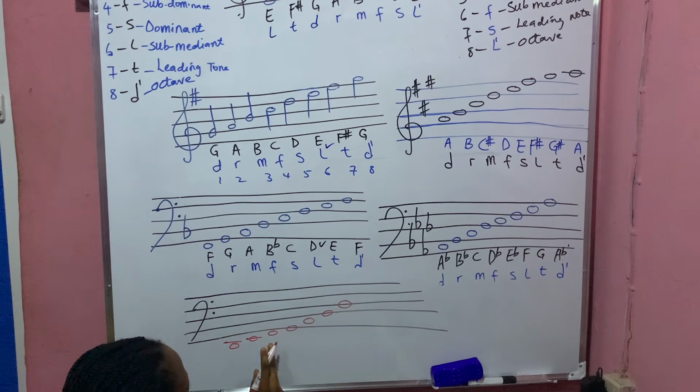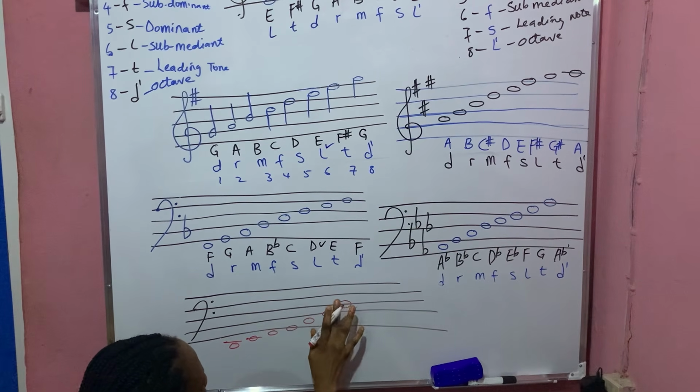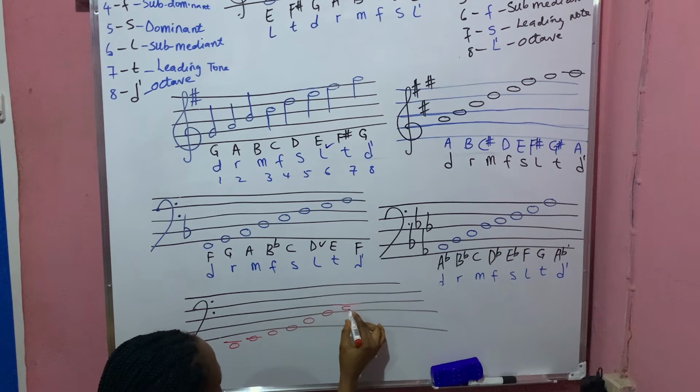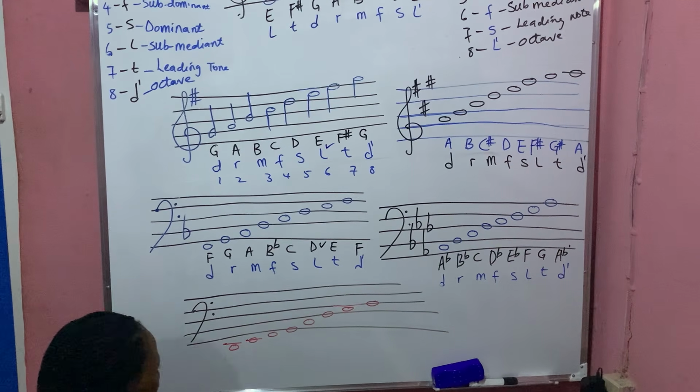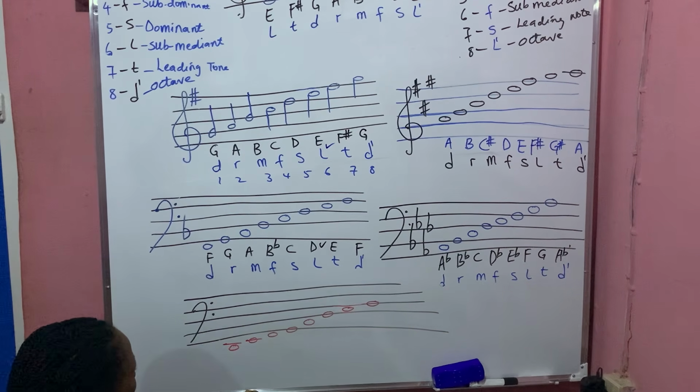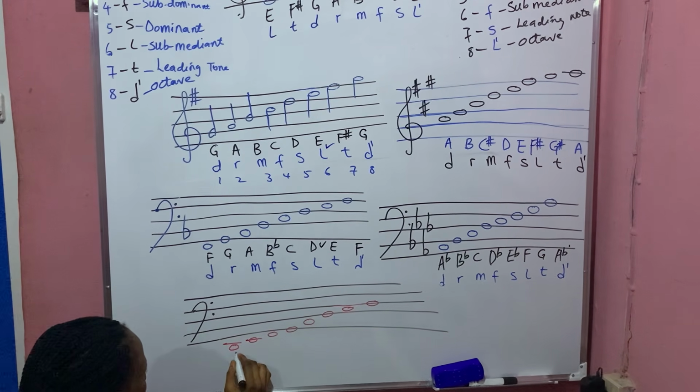Okay? D, E, F, G, A, B, C, and D. So the space below the first ledger line in bass clef is D.